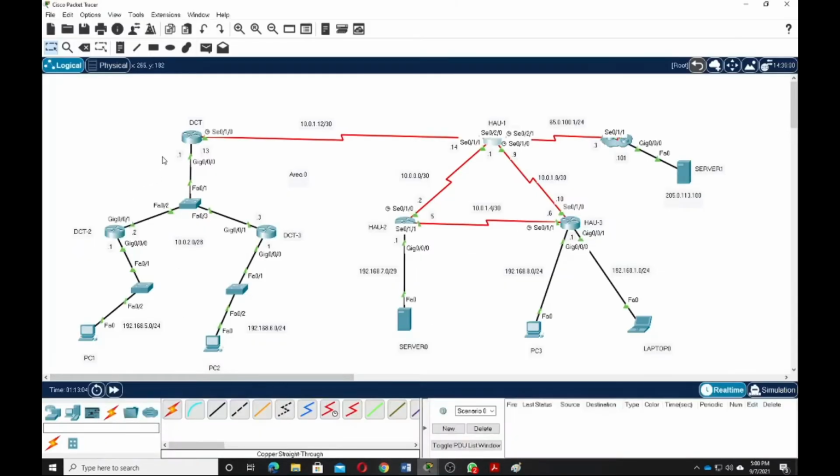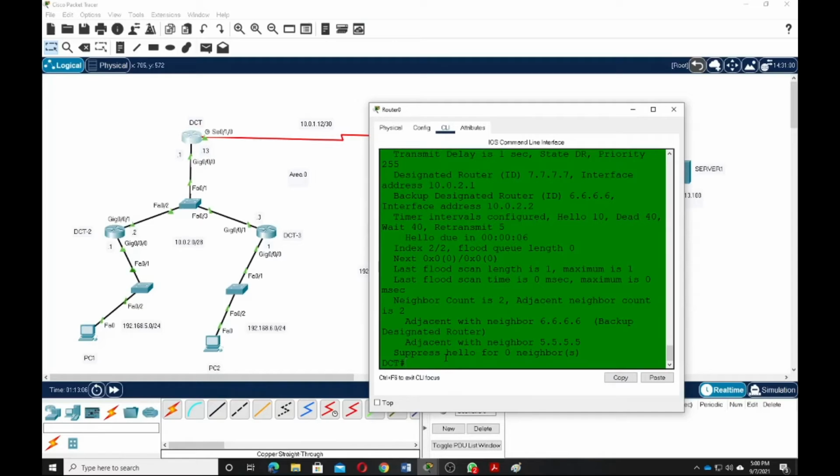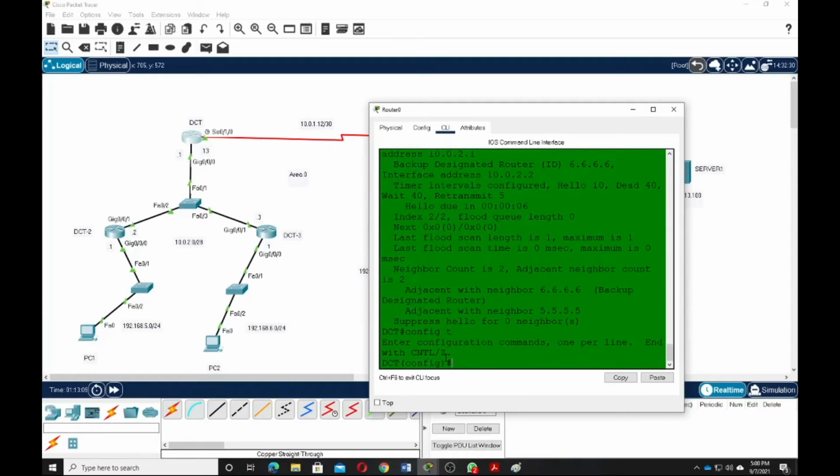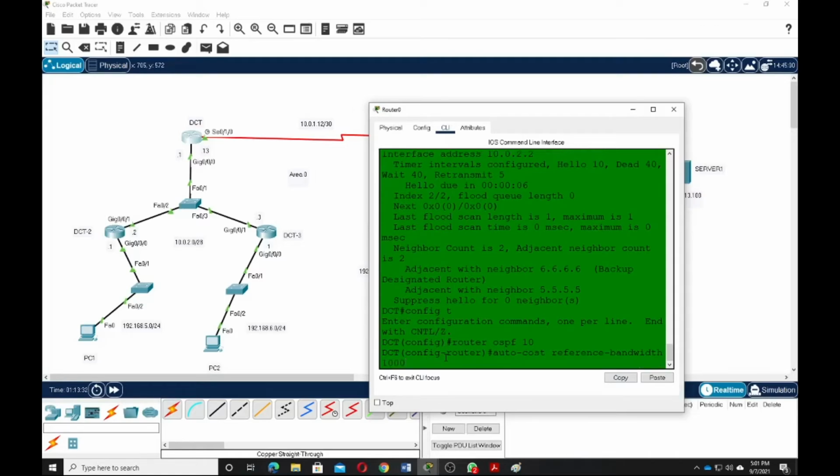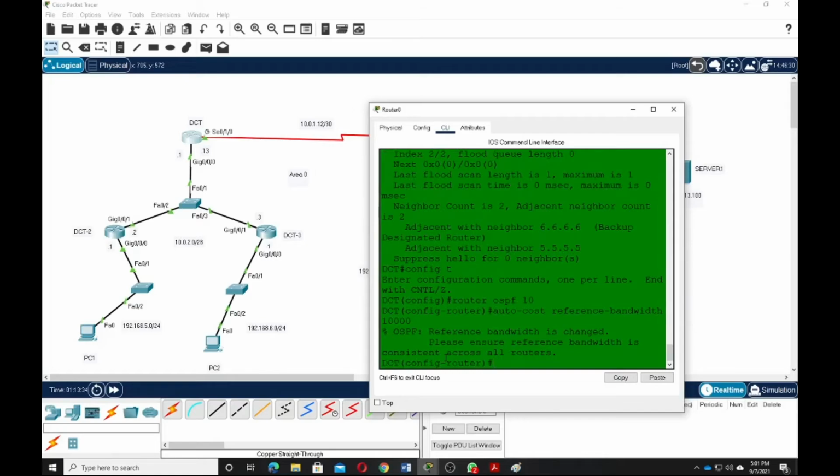So we need to config the router OSPF 10, auto-cost reference-bandwidth. This is the command, bandwidth 10,000 to make it 10. Okay, reference bandwidth.